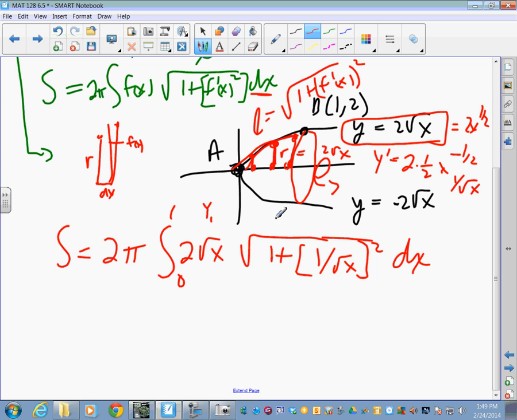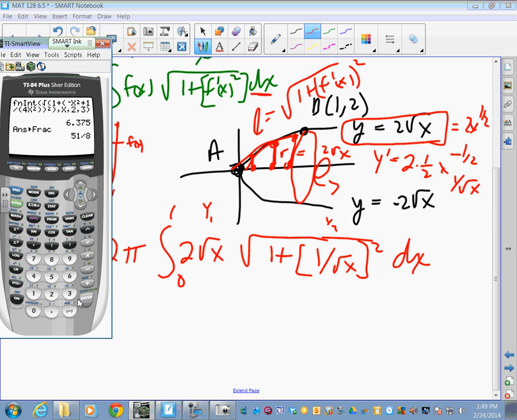So this is y1 and this is y2 in my work. 2 pi times y1 times, I have to square this, I'm squaring this part, 1 plus y1 squared, so derivative, okay.